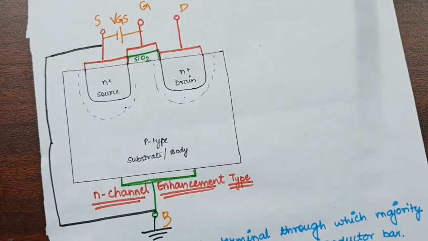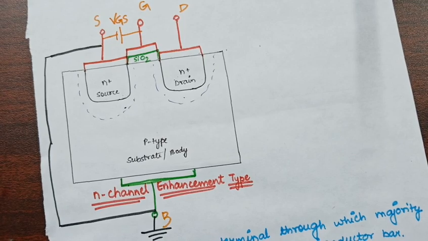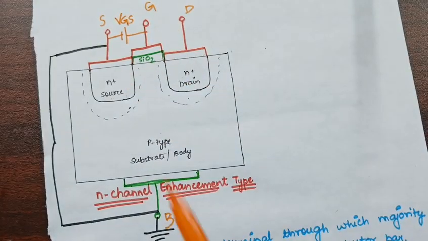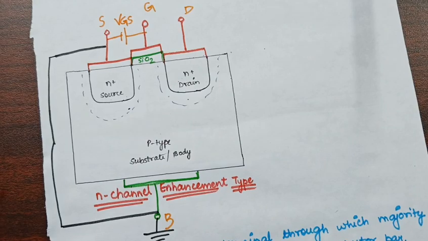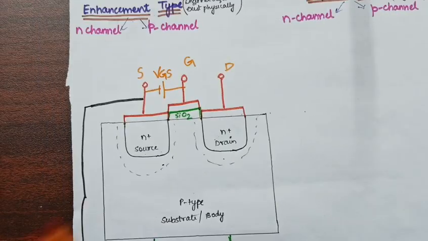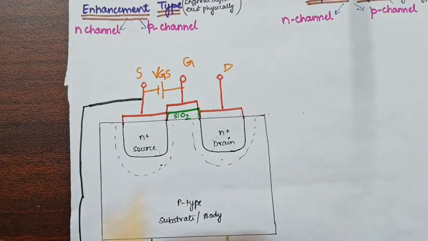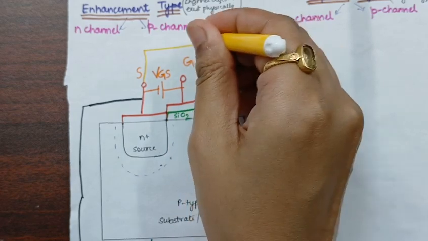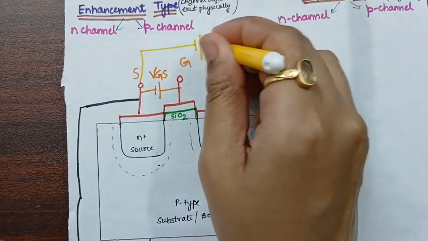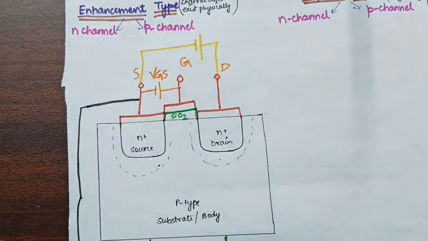Clear? Now the source and gate terminals are attached to a potential of VGS. And similarly, we attach a potential between the drain and the source.